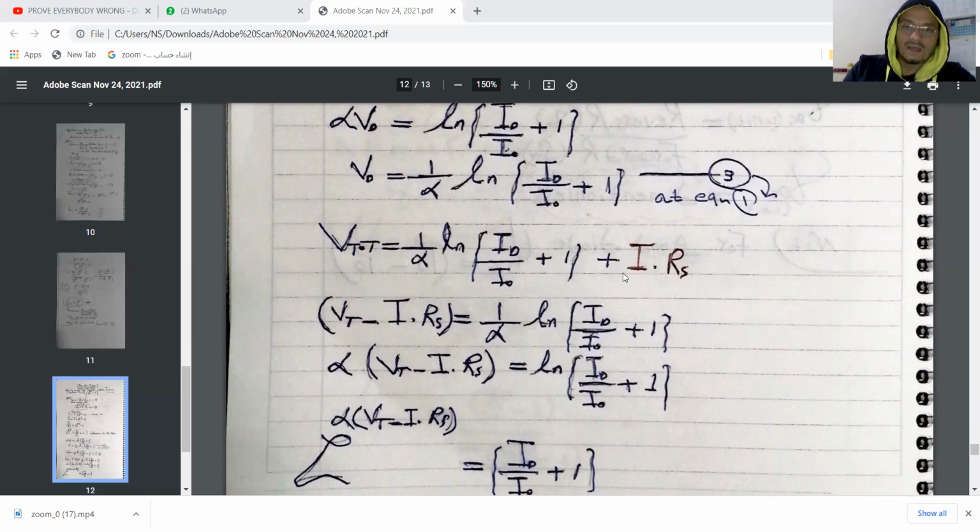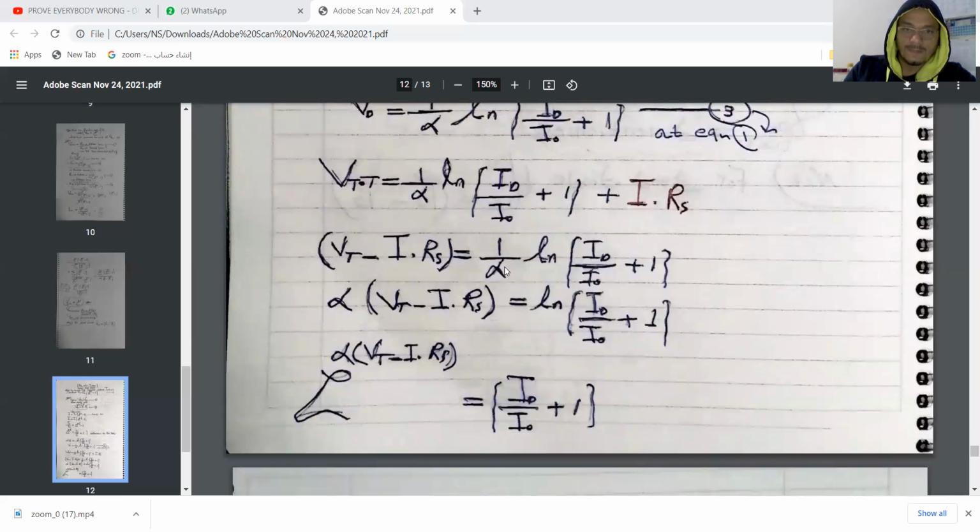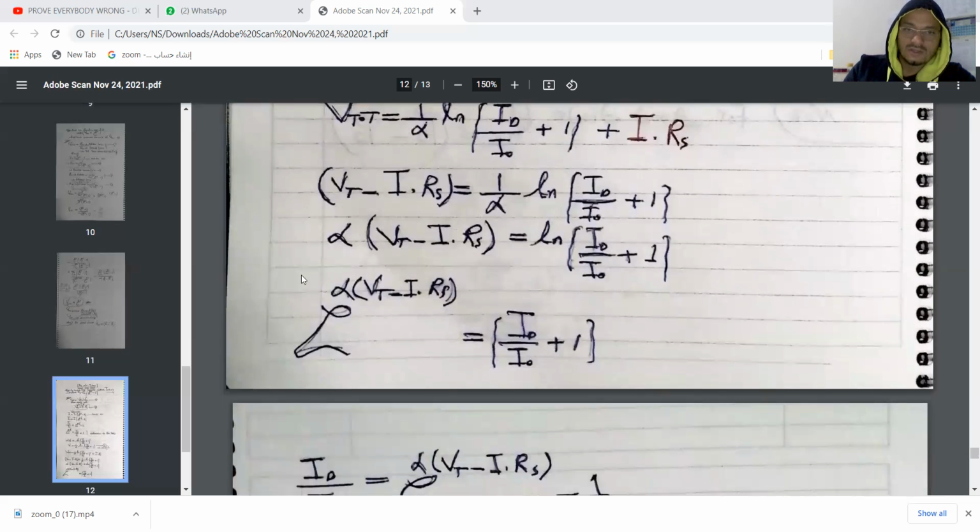Now V total minus V_RS equals 1 over the diode constant times ln of ID over I naught plus 1. To be like that, we will move the diode constant here and take the exponential of both sides.